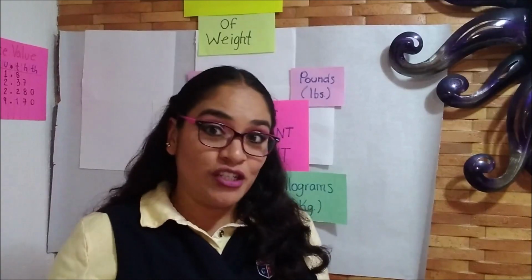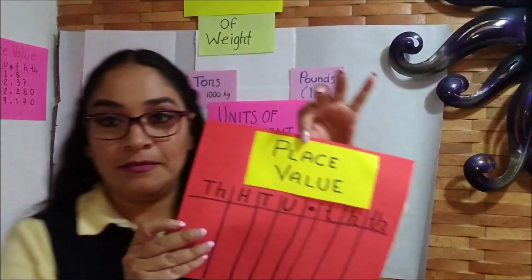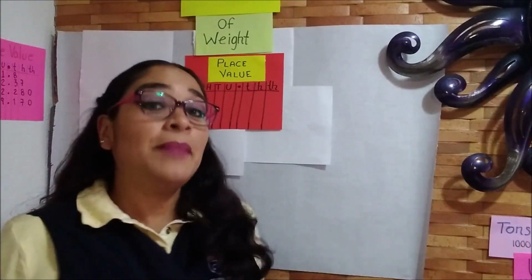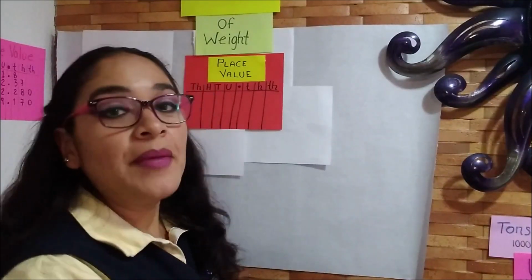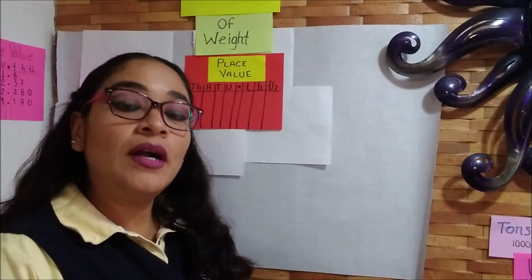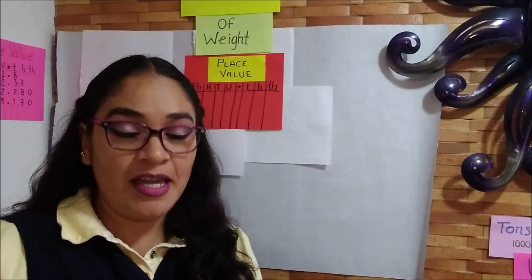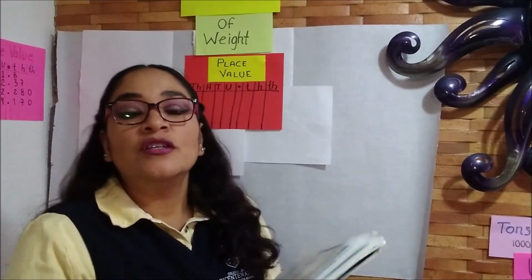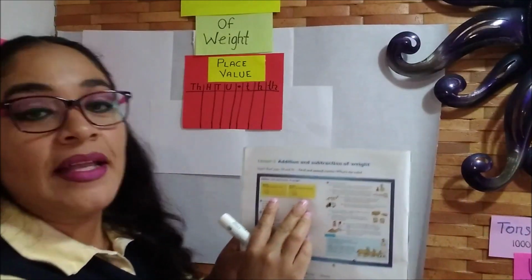Well, we need to review something very important: the positional value, or the place value. The place value is important because if we order our amounts correctly, it's going to be easier for us to get the result. For example, let's go directly into examples 1 and 2.